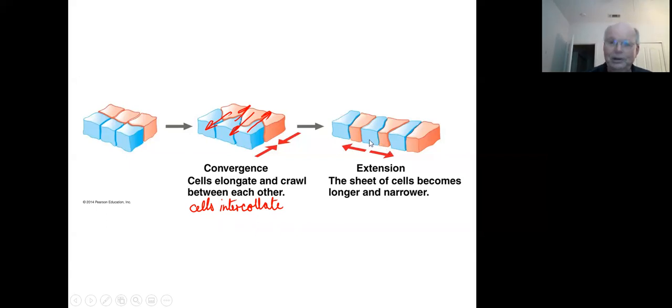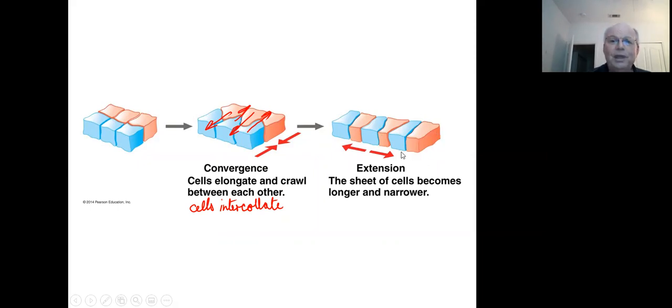There's the extension to increase the span of this tissue layer. So you're not actually creating new cells to go from here to here. What you're doing is rearranging the internal structure of these cells to create an elongated layer of cells.